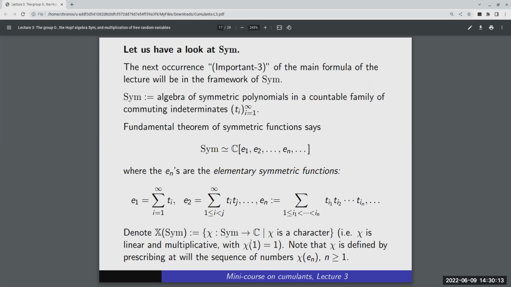Because it's an algebra of polynomials, giving a character of SIM comes to giving a sequence of numbers again. If you give the chi of En, then you have determined your character, and any free choice of chi of En is allowed. So this is X of SIM.